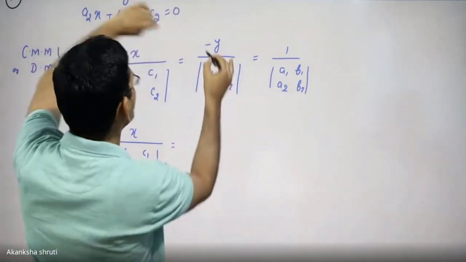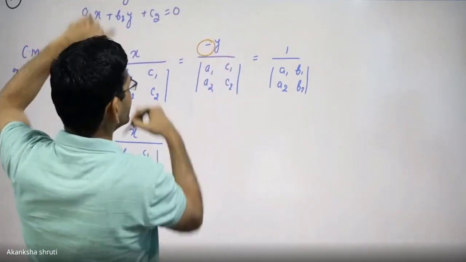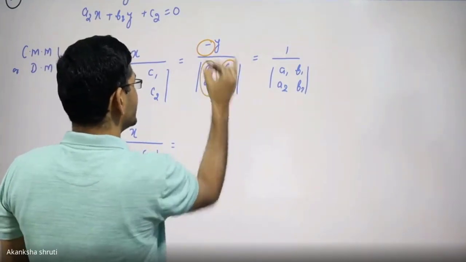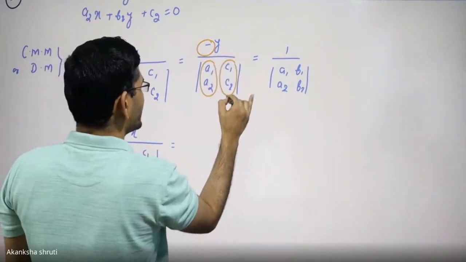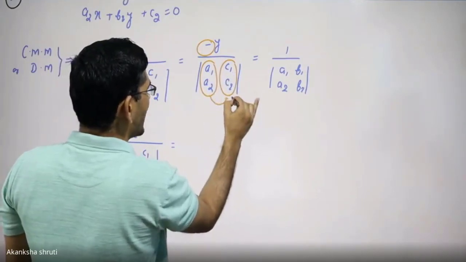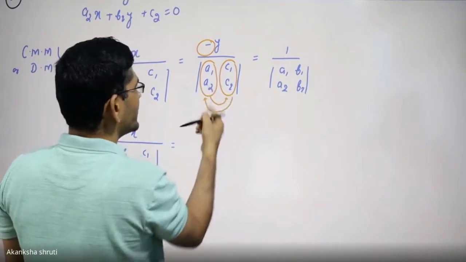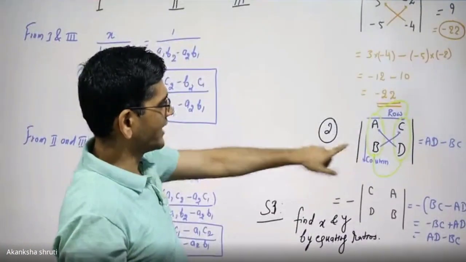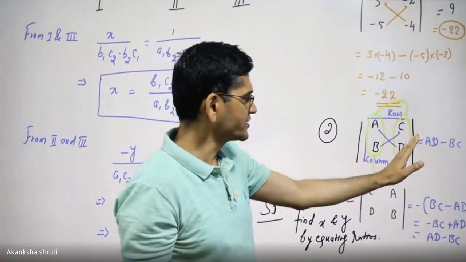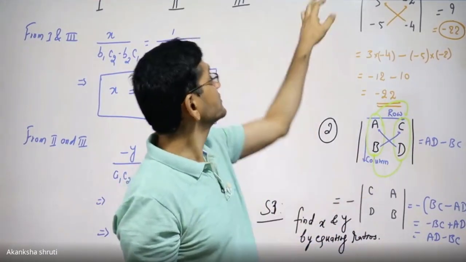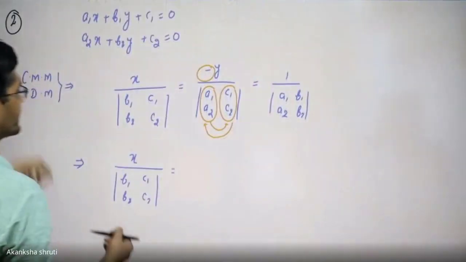Now I want to remove this negative sign. This negative sign can be removed by interchanging these two columns, meaning bring this A1, A2 in place of C1, C2 and this C1, C2 in place of A1, A2. I have just explained that rule. So interchanging the column only once, or the rows, the sign gets changed.